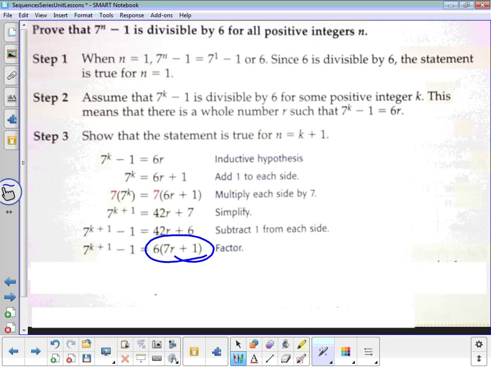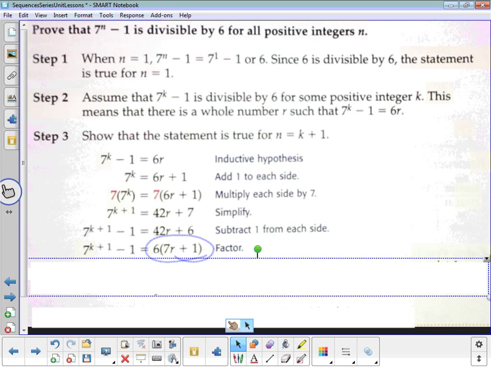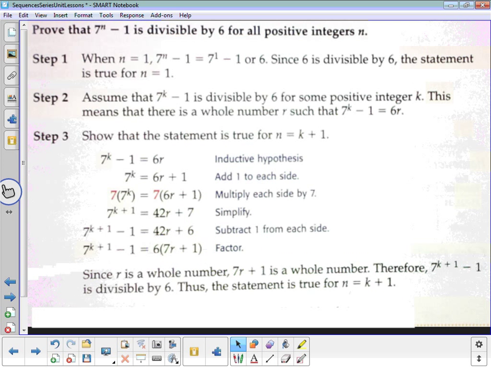That's important, because since r is a whole number, 7r plus 1 is a whole number. Therefore, 7^(k+1) minus 1 is divisible by 6. Thus, this statement is true for n equal to k plus 1.